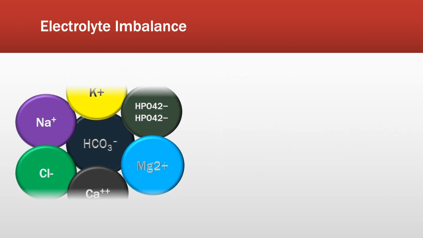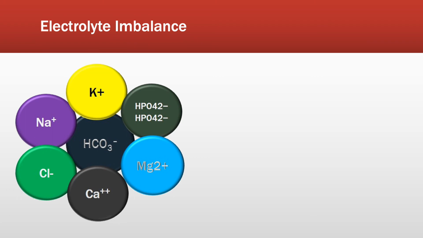Electrolyte imbalances are a known risk factor for TdP. Electrolyte imbalances can aggravate the increased risk of ventricular arrhythmia. Disorders associated with electrolyte imbalances include hypokalemia, which is potassium deficiency within the bloodstream.